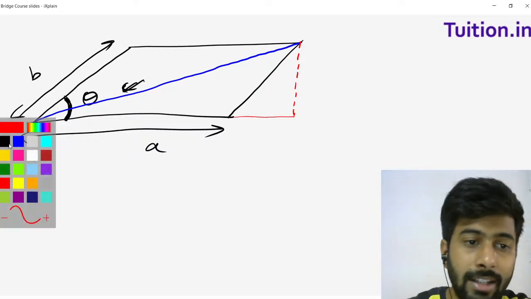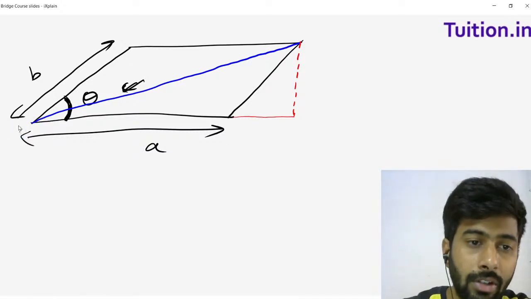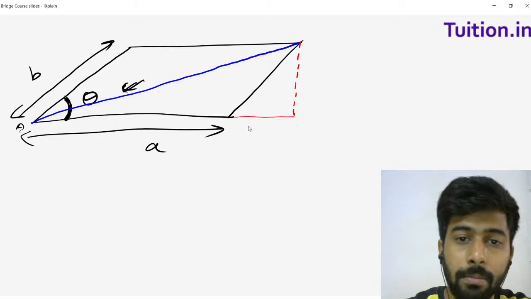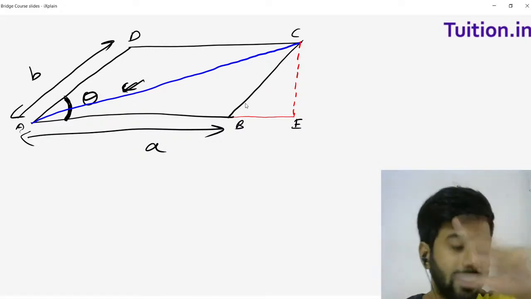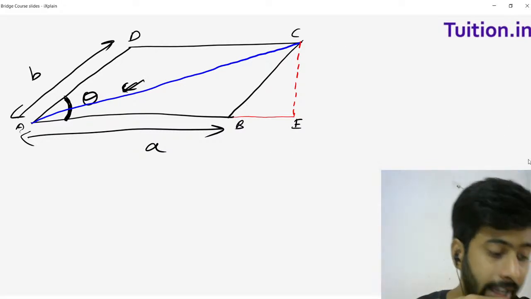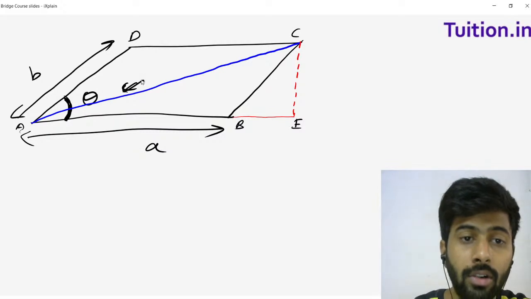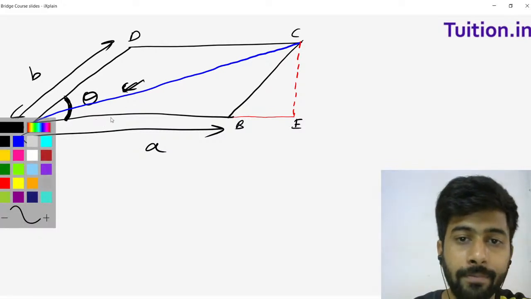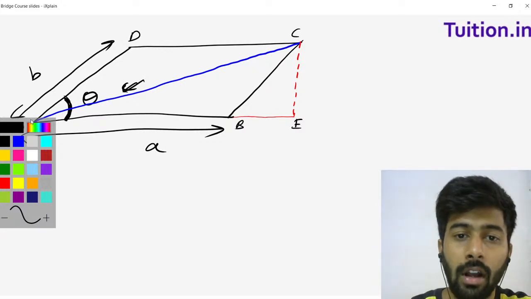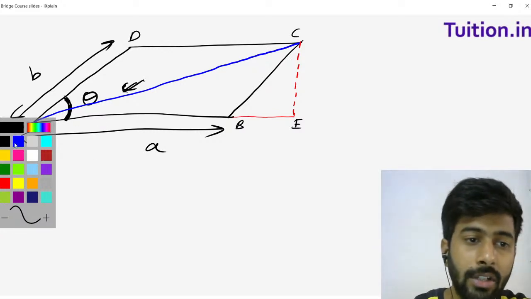So some 10th class mathematics is now going to come into picture. You have ABCD as your parallelogram, and you have ABCE as a triangle, a right angle triangle that I have drawn to derive this blue fellow. Okay. Now, how do we get it? That is the question.